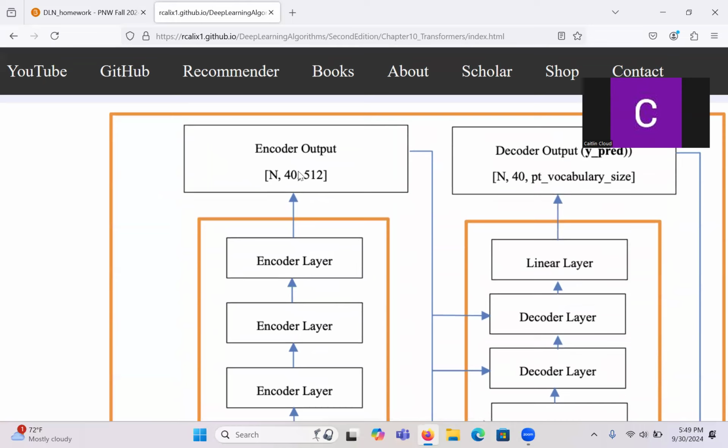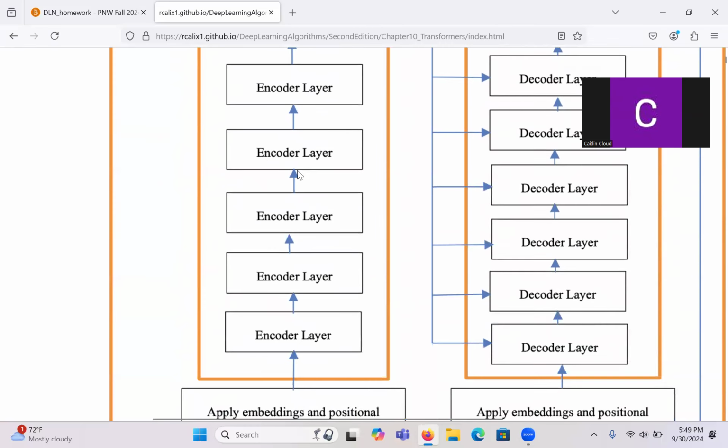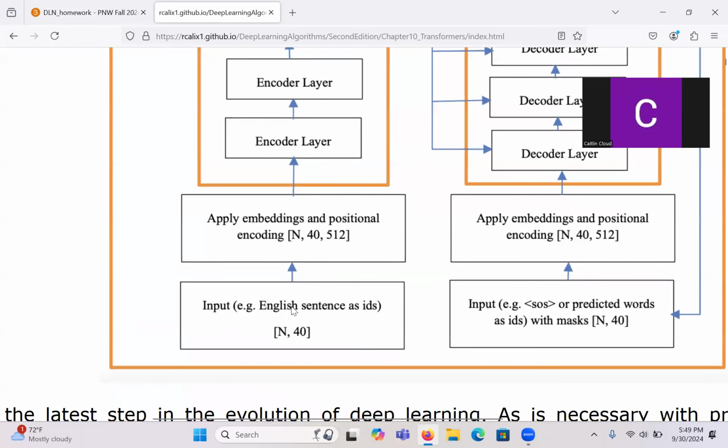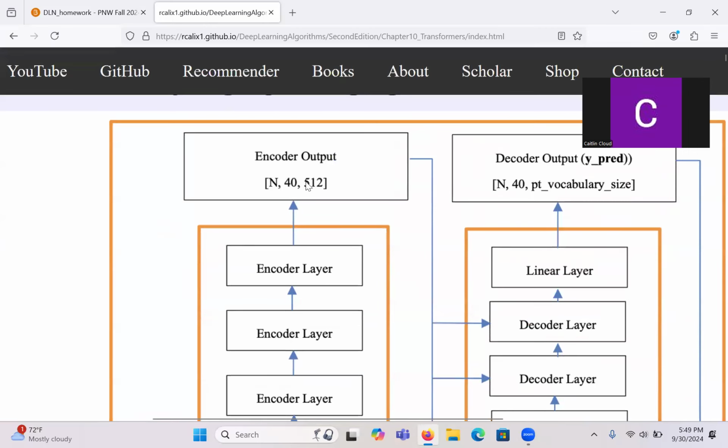Some people just use encoders. They take out the whole decoder part, and just use the encoder part. They take in something like this and get n by 40 by 512, and then think, okay, how can I use this? That's where something called BERT came about.